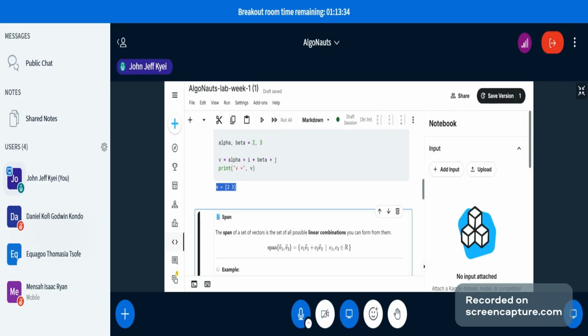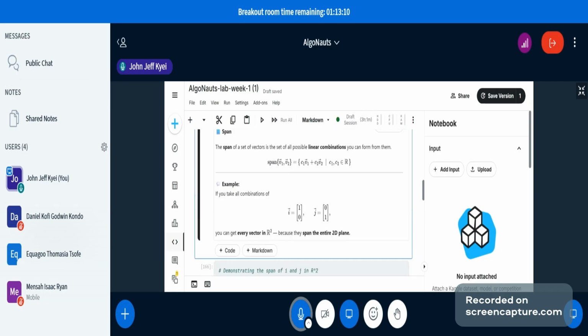We can have a span of two non-collinear vectors in 3D space, and also a span of three coplanar vectors, which is also in 3D space. Since we are working with a 2D space, what we usually work with is a span of two non-collinear vectors.